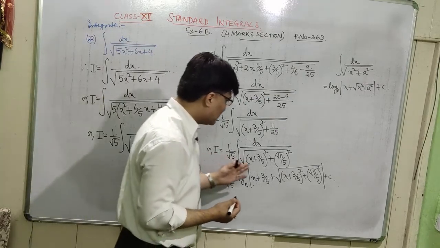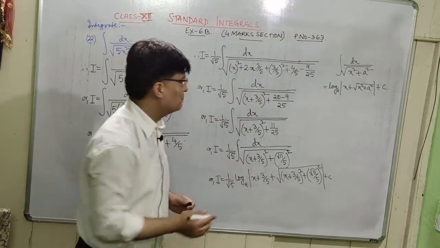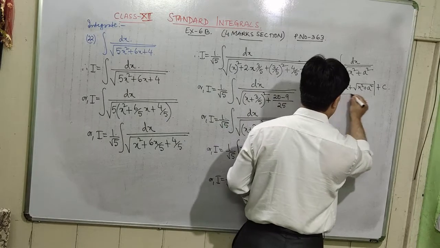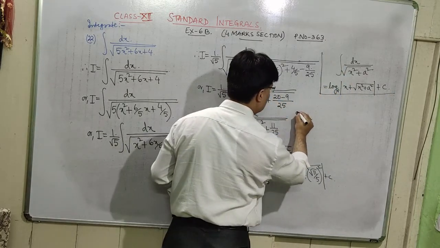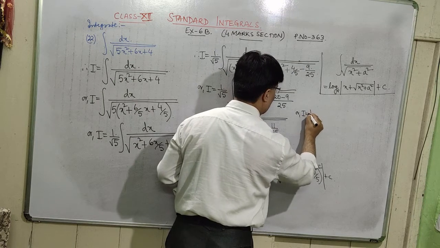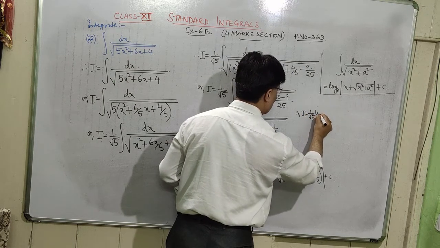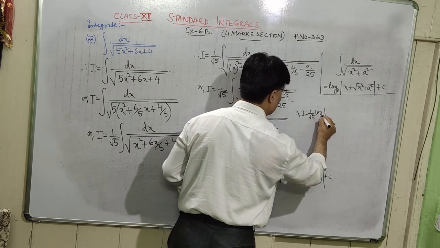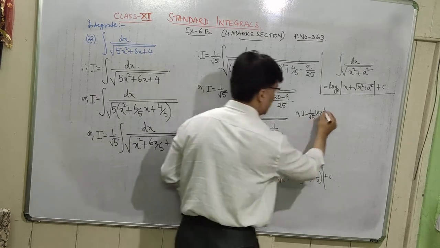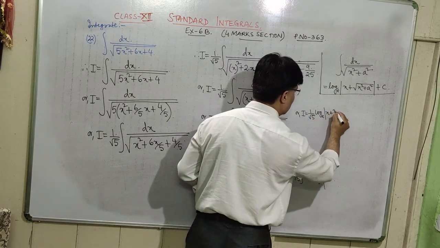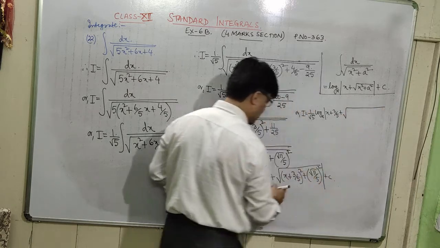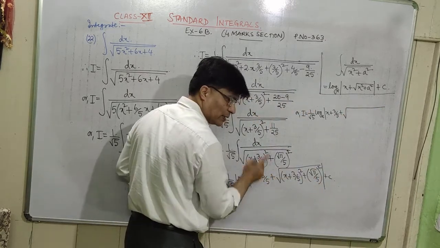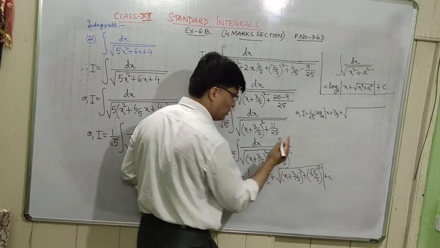So let us simplify the expression within modulus sign. So this is the formula, right? So let us write here, I is equal to 1 by root 5 log within mod, base e. So x plus 3 by 5 is kept as it is, plus root over, let us simplify it. This is a plus b whole square, a square plus 2ab plus b whole square.